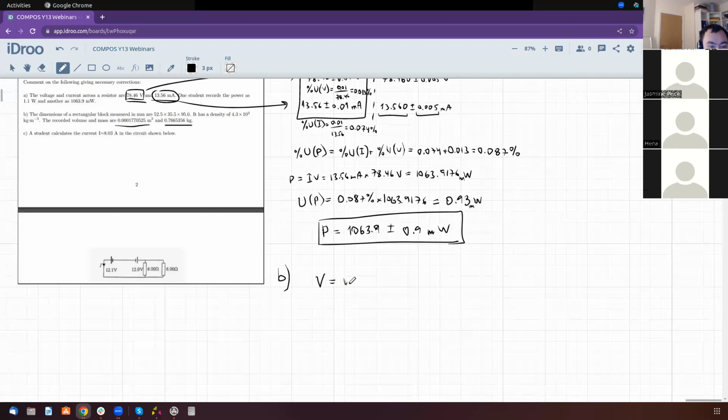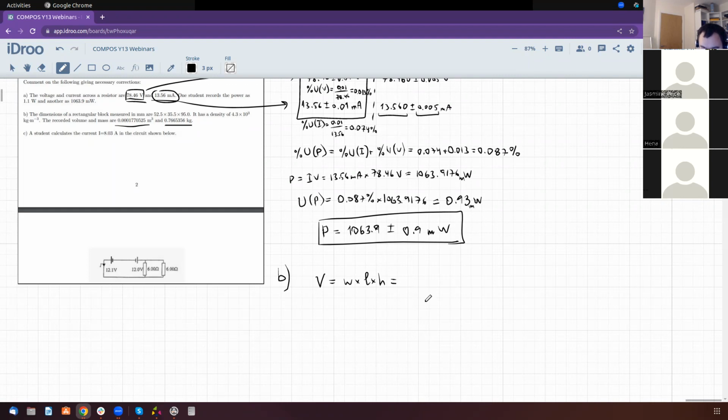Volume is width times length times height, which is 52.5 times 35.5 times 95.0. But these are in millimeters.